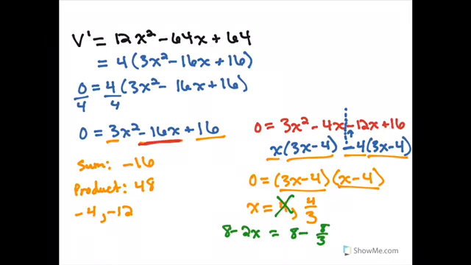So 24/3 minus 8/3 will give me 16/3. So the dimensions of my box are 4/3 inches by 16/3 inches by 16/3 inches. And we were asked to find the volume.